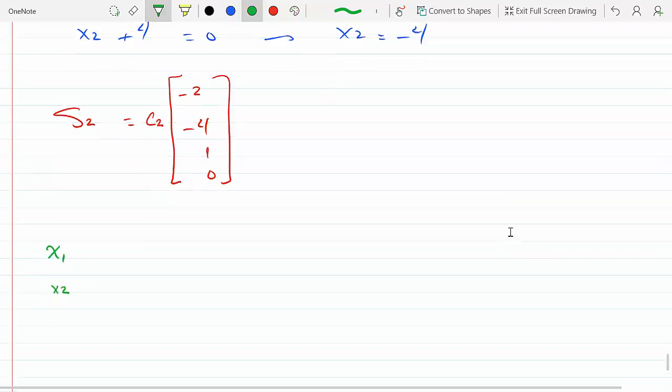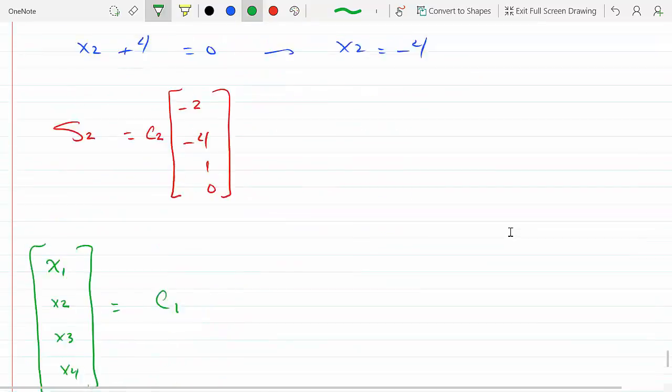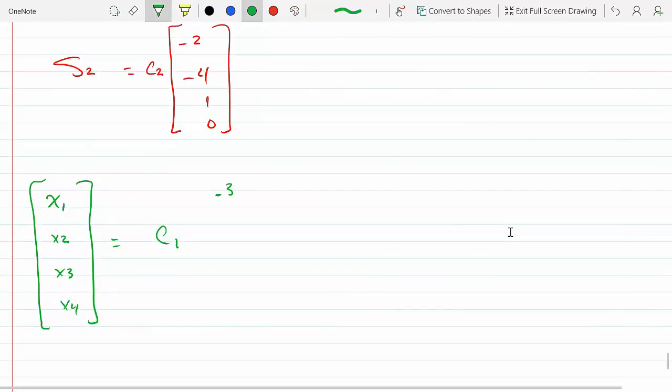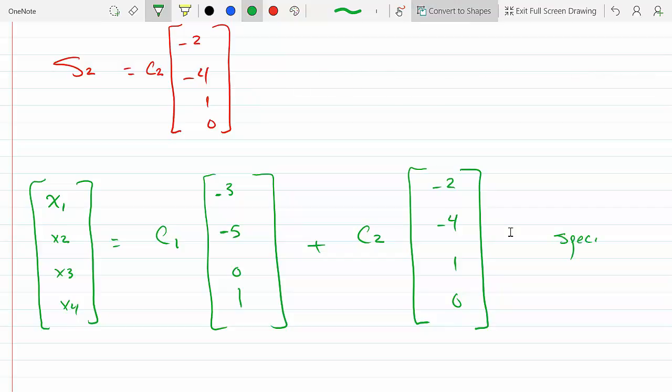So my x1, x2, x3, x4, this is, by the way, an exam type question, will be C1 times my first solution, -3, -5, 0, 1, plus C2 times -2, -4, 1, 0. Okay, these are the special solutions.